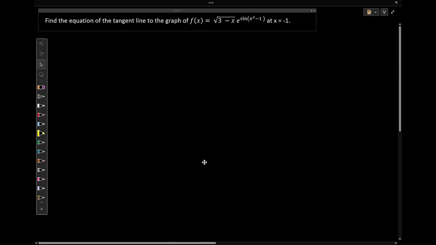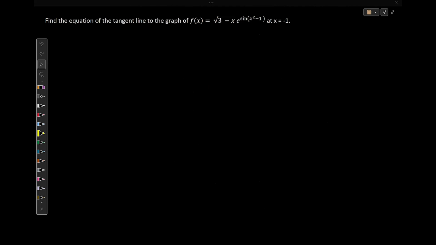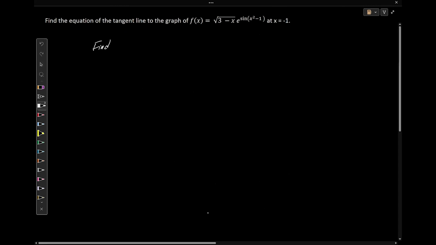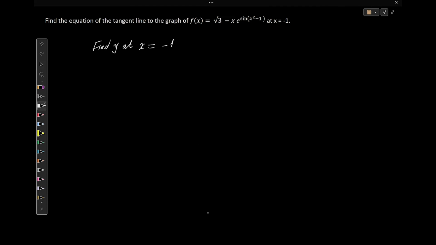Let's do one more problem. So we have root of 3 minus x, e to the sine of x squared minus 1, at x equals -1. All right. So we know we have to compute y, because again, we're only given x. So let's just find y at x equals -1.